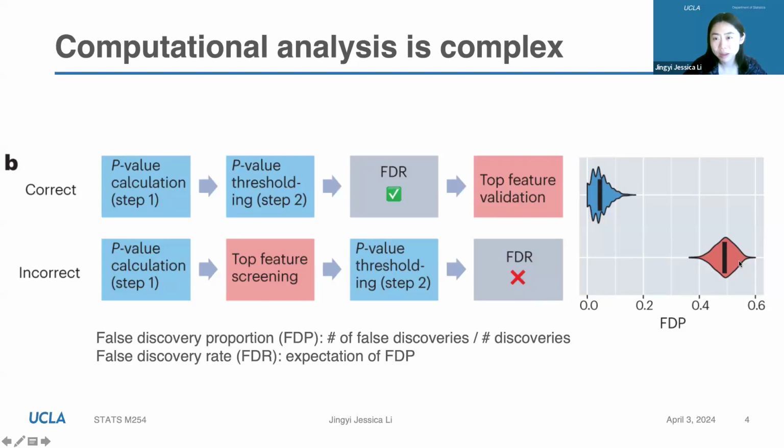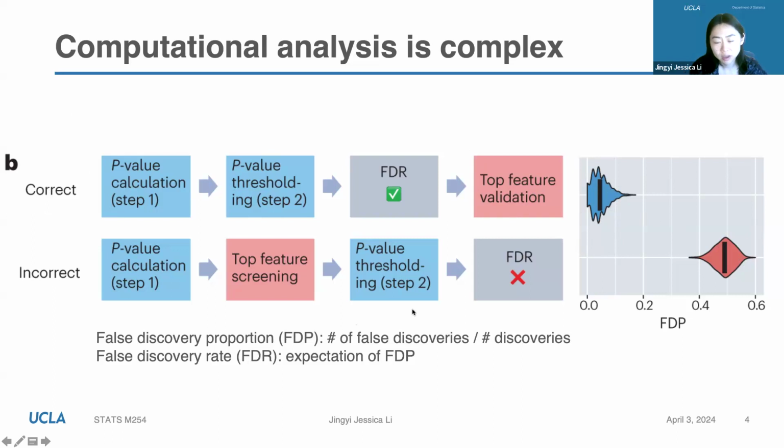So basically what I'm plotting here is a simulation example in which I strictly implement the top one or the bottom one. This is a violin plot showing the distribution of FDP, and the bar shows the average, which is the FDR. I'm doing this experiment in simulation many, many times.